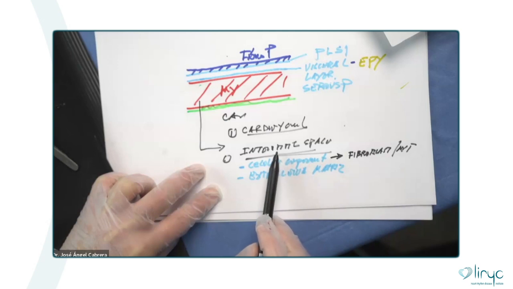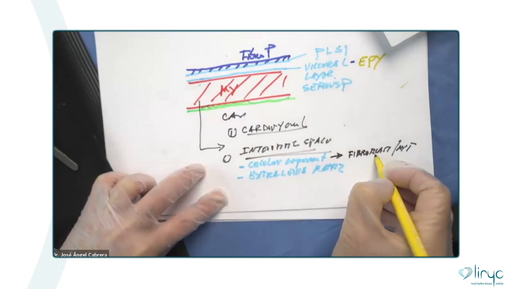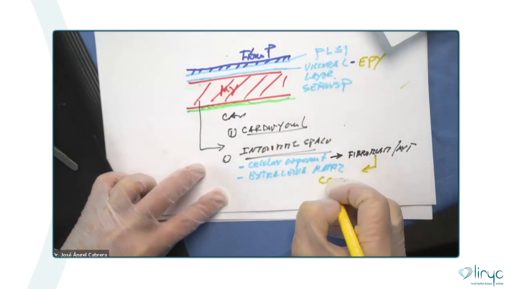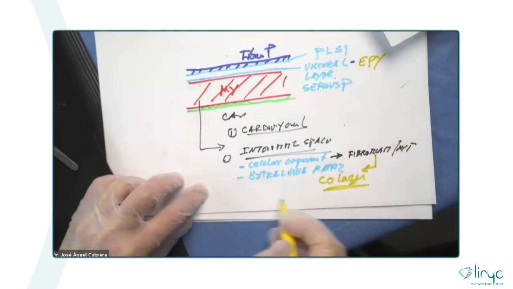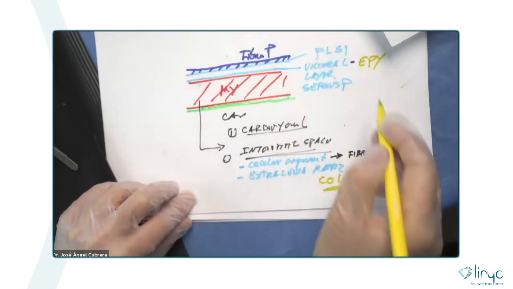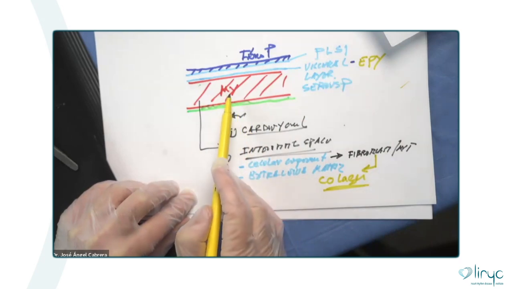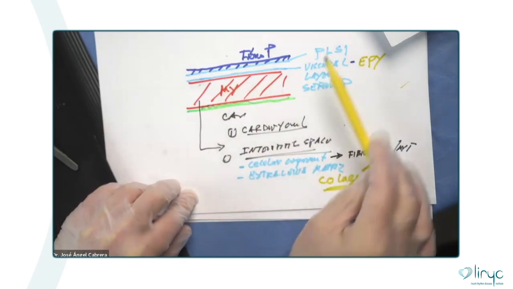Therefore, the interstitial space has two components, cellular and extracellular matrix, and cellular with fibroblast. And fibroblast means collagen. This is crucial for cardiologists to understand the components of the wall of the heart.